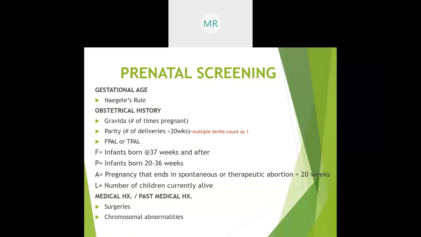So all this information about gestational age, OB history, and past medical history is going to be in there. Part of that is also chromosomal abnormalities, anything in past medical history that has to do with genetics.